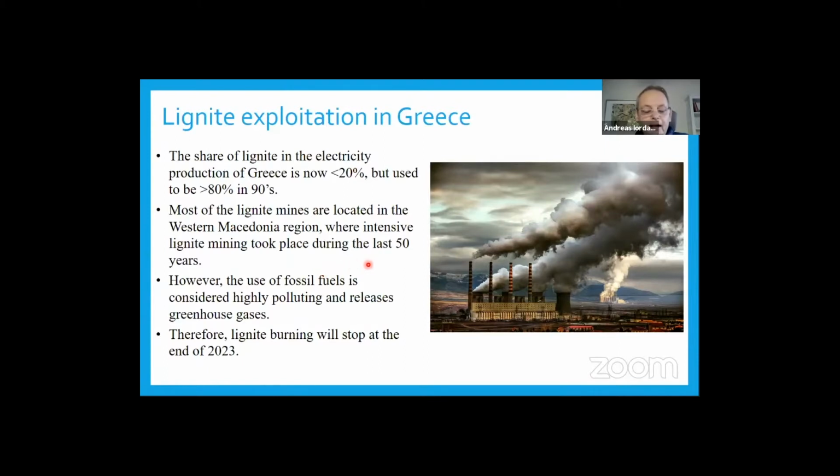However, according to European law and directives, we have to shift from lignite to other renewable resources. Lignite is considered highly polluting, so we have to move to renewable energy resources. Lignite burning will stop, according to our government, at the end of 2023.